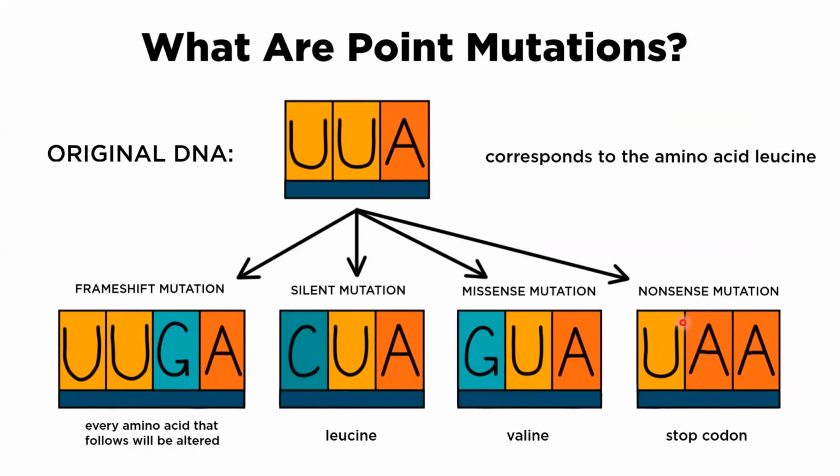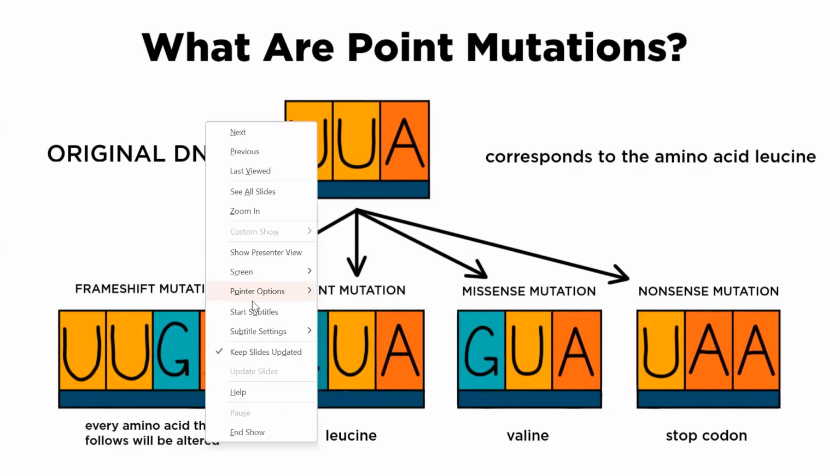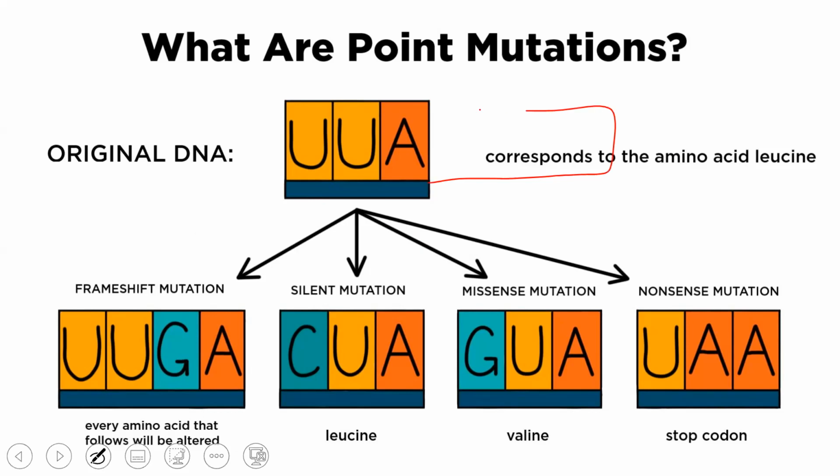Okay, and then there is one more which is called frame shift. What does it mean? It means the entire codon frame shifts. And how does that happen? You add or remove a nucleotide. What do I mean? If I had UUA, and we know that they are in triplets, and I had ACG, and I add one in the center over here, what am I essentially going to do?